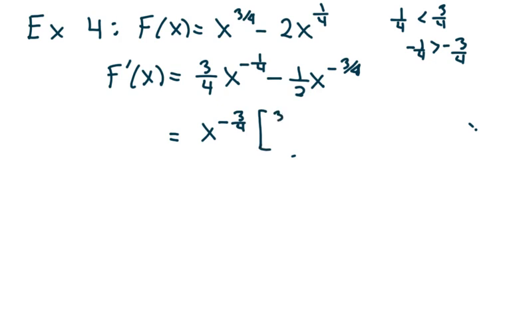And you're going to get 3/4 x. Now, the question is, what can I add to negative 3/4 to produce negative 1/4? Well, I claim that's going to be a half. And then I'm going to subtract 1/2.